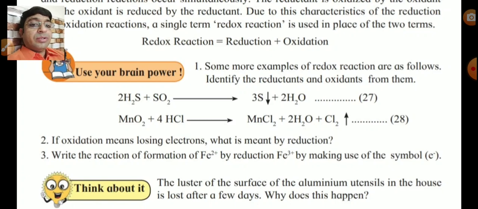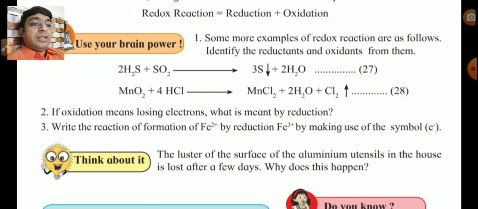Third question given for you, write the reaction of formation of Fe2+ by reduction of Fe3+ by making use of the symbol e-, that is, with the help of the symbol for electron. Try to write down the answers of these questions by using your brain power. I will give the answer in my assignment solution.